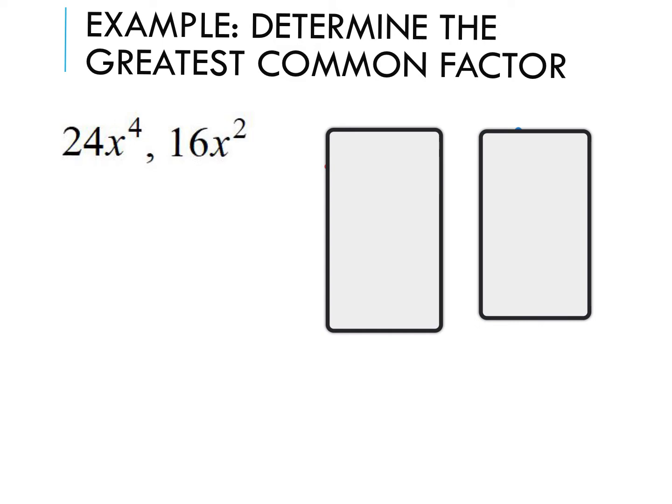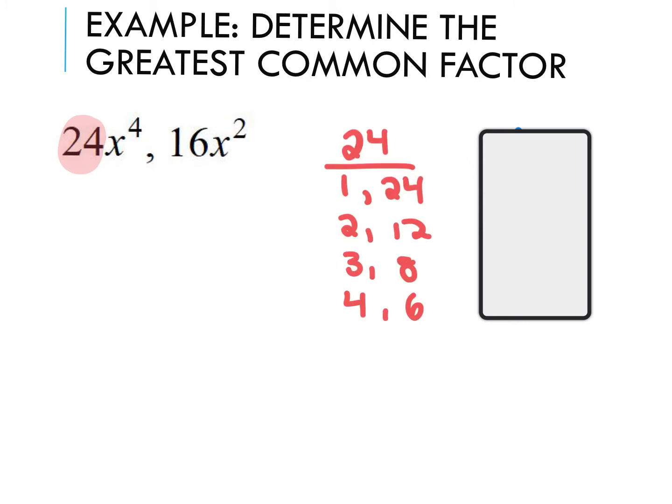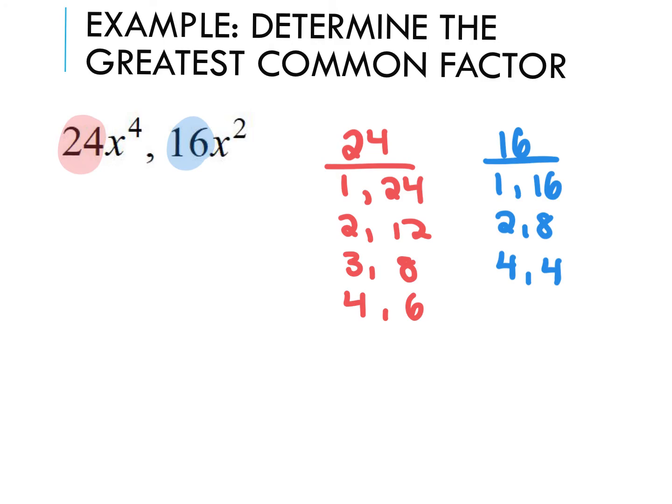In our next example, I also start by listing my greatest common factors. So if I list my factors of 24, I have 1 and 24, 2 and 12, 3 and 8, and 4 and 6. Then I list my factors of 16. And when I do that, I have 1 and 16, 2 and 8, and 4 and 4.